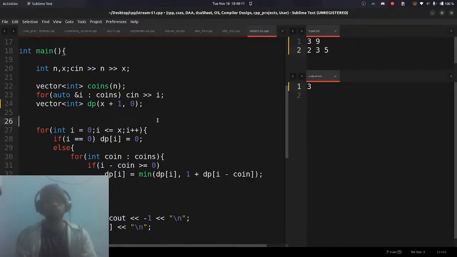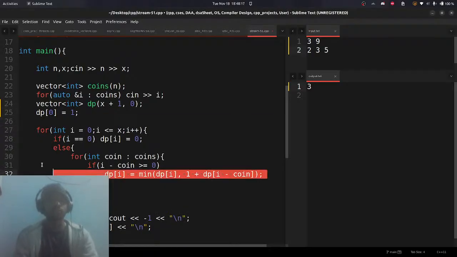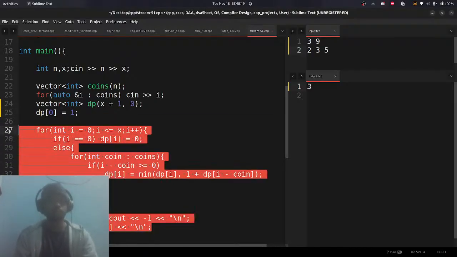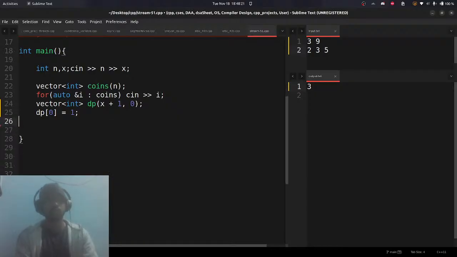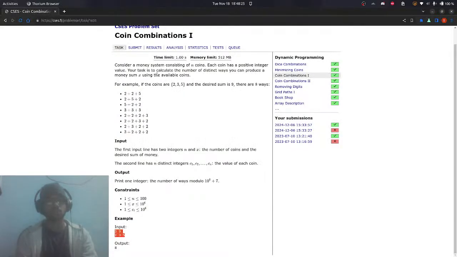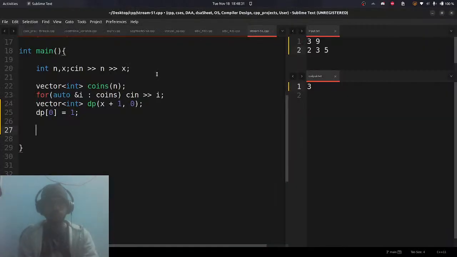Let's see. dp0 is equal to 1. What is the input? N, X and C. Okay.